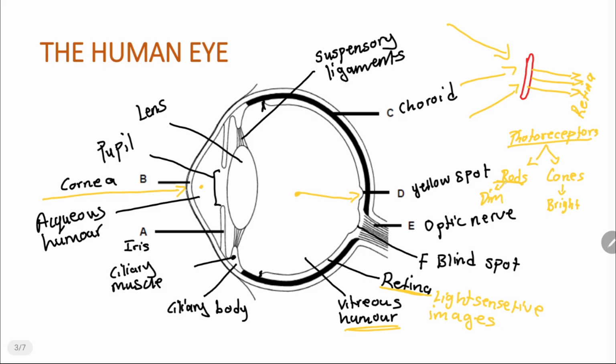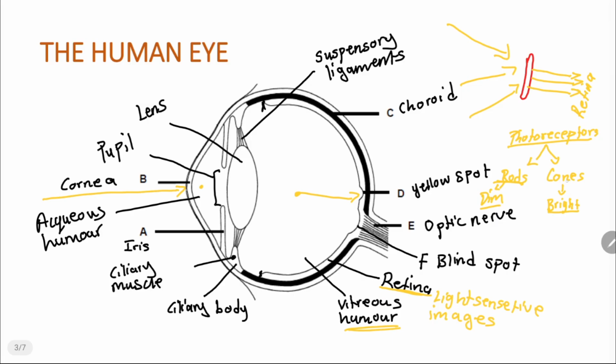So the rods are responsible for vision in dim light, but the cones are responsible for vision in bright light, right? When light reaches the retina, depending on the light conditions, one of the two types of receptors is going to be stimulated.